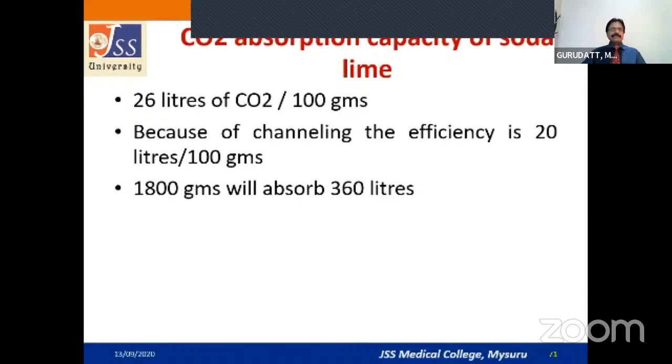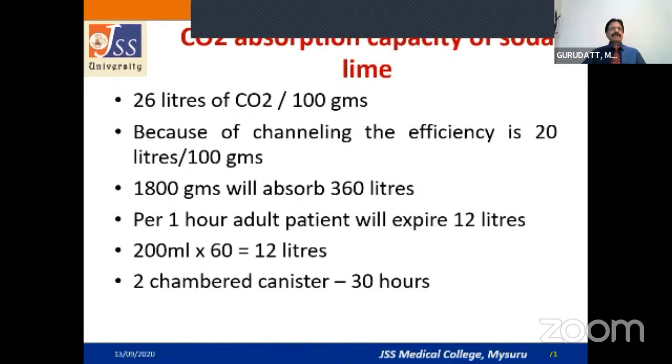Now a 70 kg patient will be breathing out 200 ml of carbon dioxide every minute, that is 3 ml per kg body weight. So for 1 hour, he'll be breathing out about 12 liters. That means if I'm using this canister, which is freshly filled, I can use it for 30 hours. Suppose I'm using a 1 kg canister, then I can use it only for about half of this, about 15 hours.